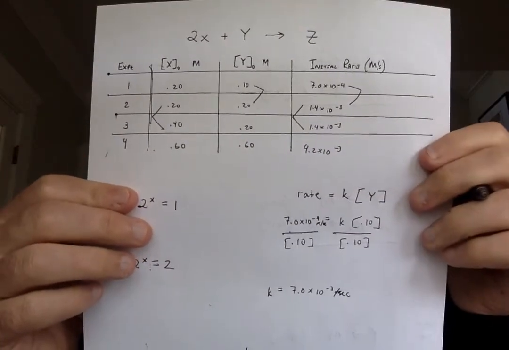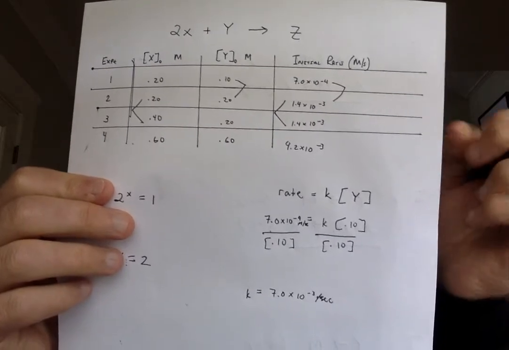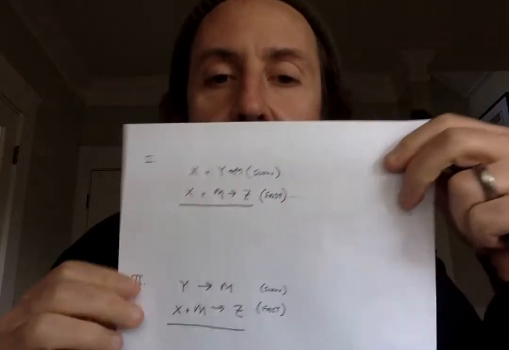Now, the next step they give us is they want to figure out, if they give us these series of steps, these mechanisms, which mechanism will be the correct one. And so, you propose, oh, well, this happens and then this happens. Okay, so let's look at the first one here.